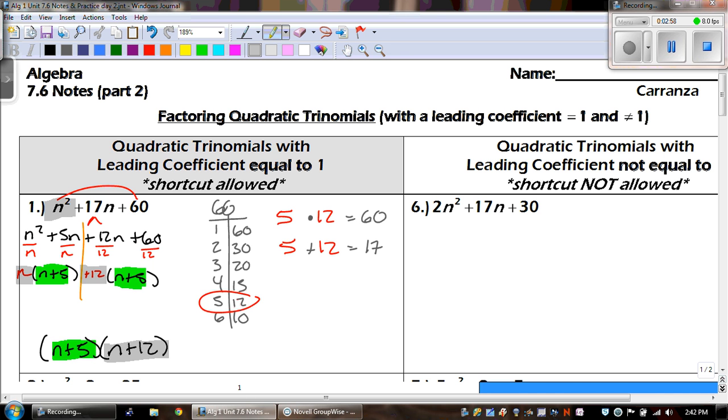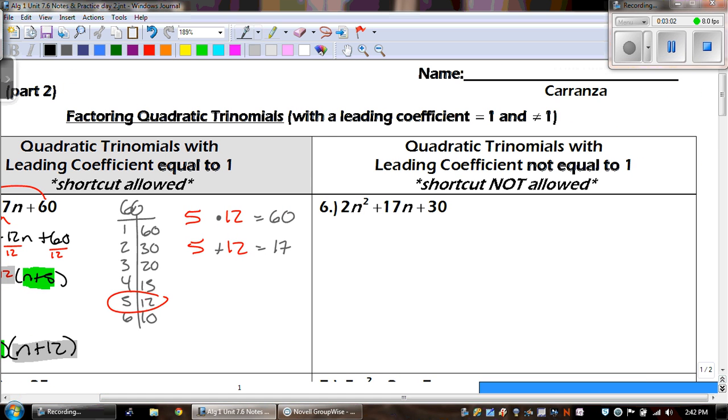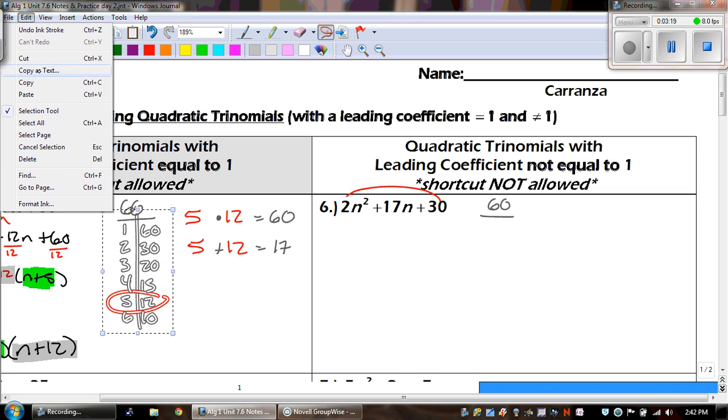Because let's look at number 6. Is there a GCF? Nope. So we need to do the factors of 2 times 30, which is 60. I'm going to cheat over here. You guys have to rewrite all that.